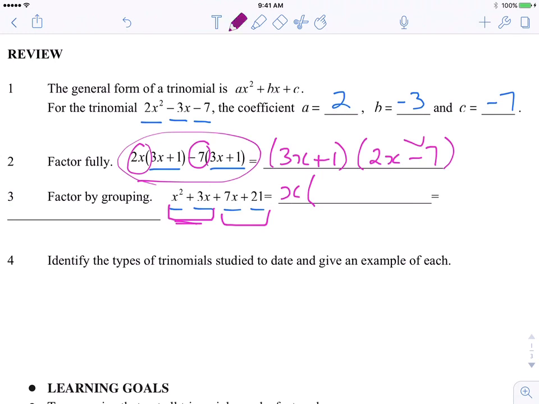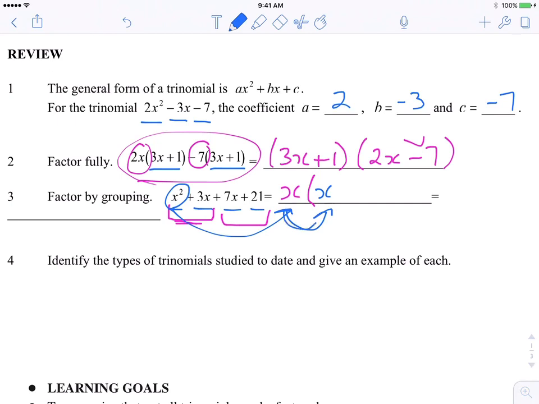And again, there are 2 strategies here. You can think of taking x squared and dividing it by x. X squared divided by x is x. Or you can think of x times what, in this case x, will get me x squared. There's 2 ways of thinking about what to put in that bracket first.